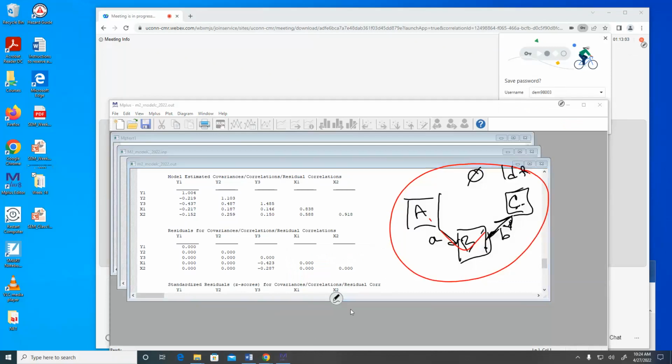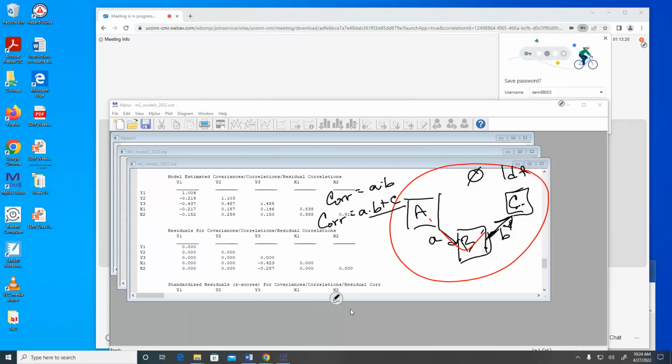So this is the more constrained model. I'm saying that the model implied correlation is equal to A times B. In the second one, I'm saying the correlation is equal to A times B plus C. It stands to reason it should be easier to fit this.